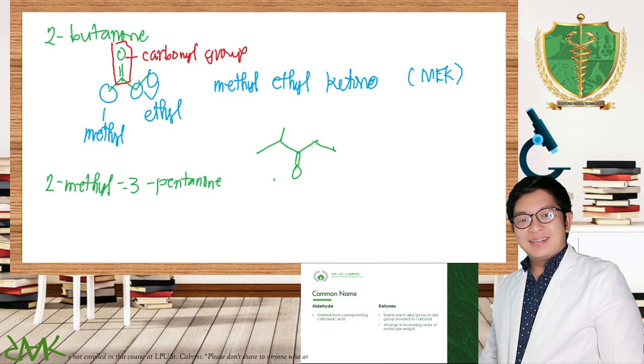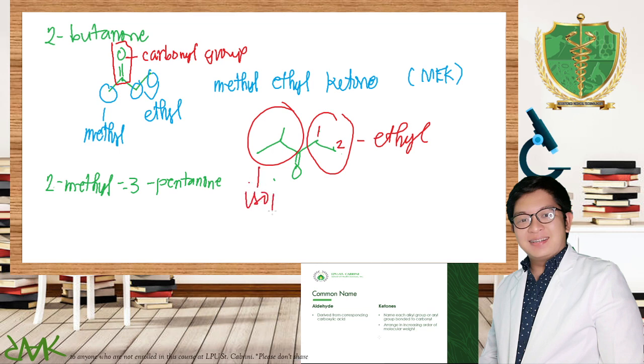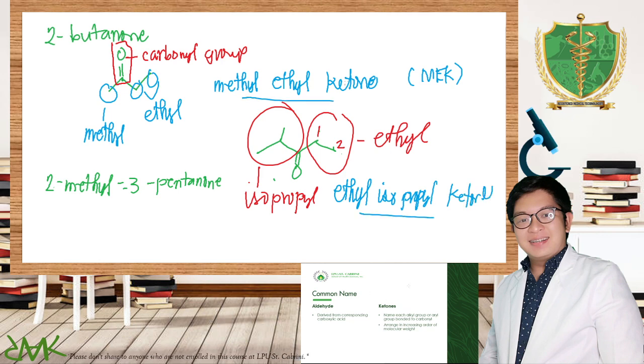On the other side, 1, 2, this is ethyl. Again, the Y shape is your isopropyl. Then arrange this in increasing order. That will be ethyl isopropyl ketone, and that is the common name.